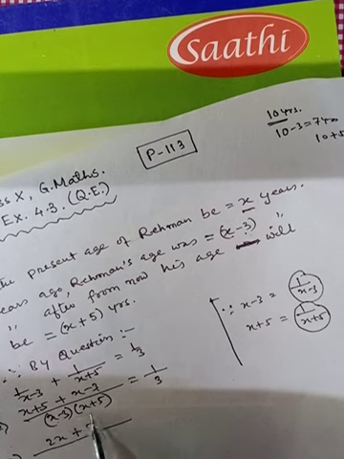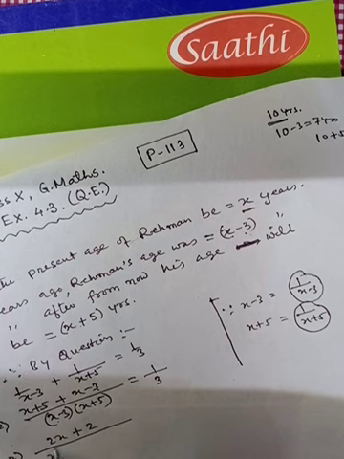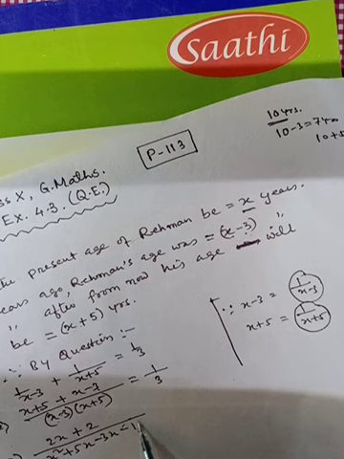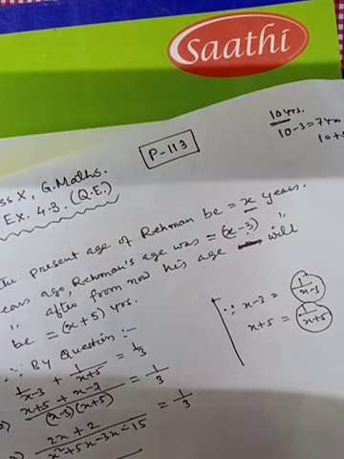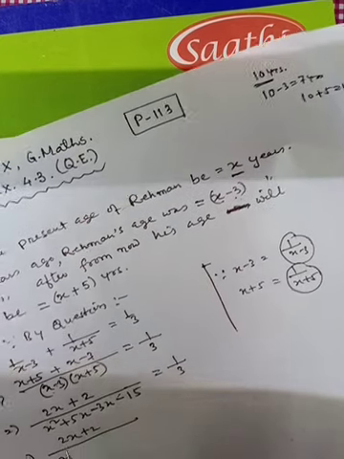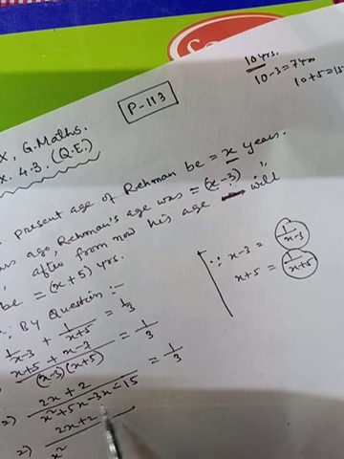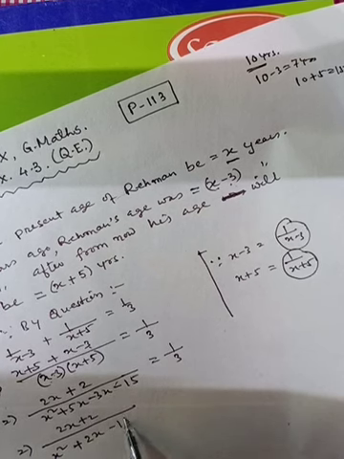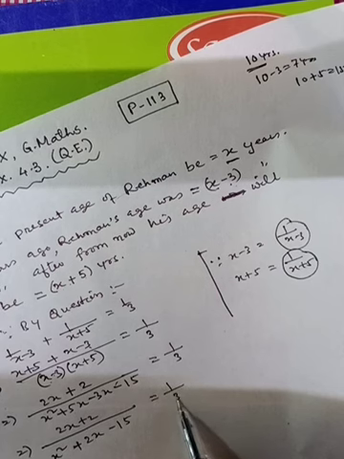And multiplying x minus 3 with x plus 5, we get x square plus 5x minus 3x minus 15. Therefore (2x plus 2)/(x square plus 2x minus 15) equals 1/3.